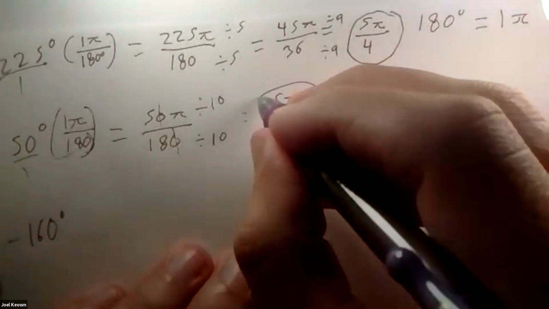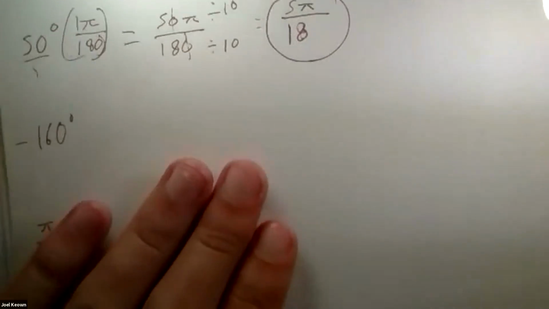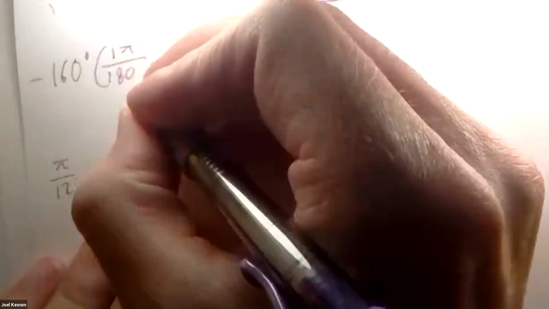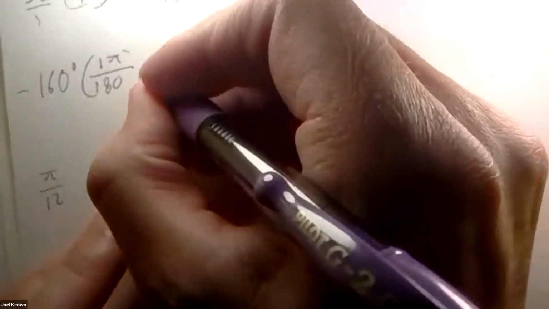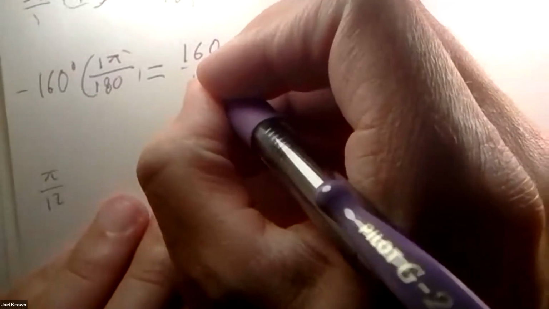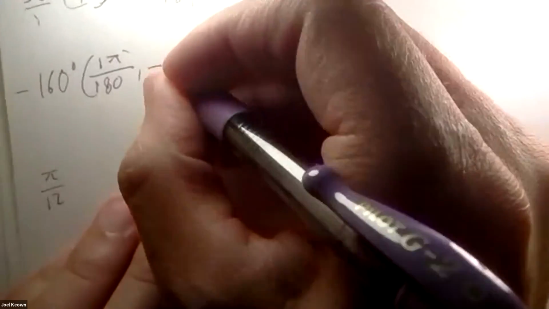And that's as simplified as that one's going to get. What about this one? This one's negative, which makes no difference whatsoever. The answer is going to be negative, and I'm just going to leave the negative out front. So multiply. I get 160 pi over 180. Make sure I tack my negative on.